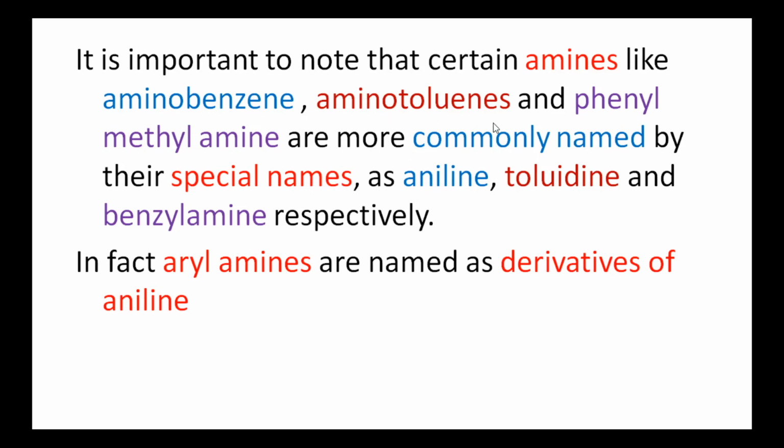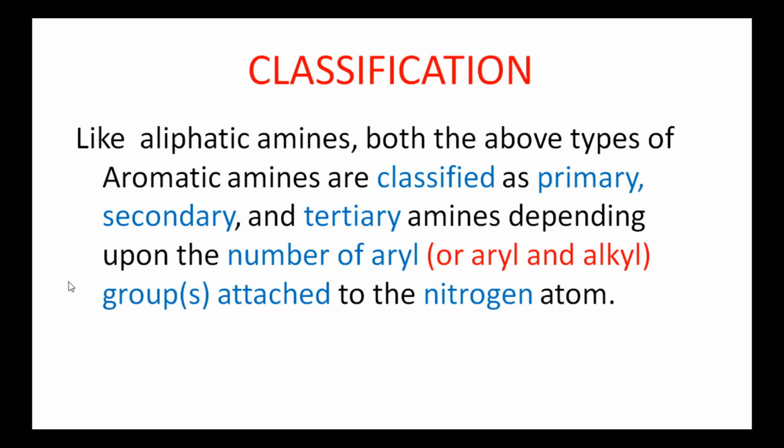Aminotoluene is commonly named as toluidine, and phenylmethylamine is commonly named as benzylamine. So, in fact, aryl amines are named as the derivatives of aniline. For naming these aromatic compounds, common names are used but not IUPAC names.